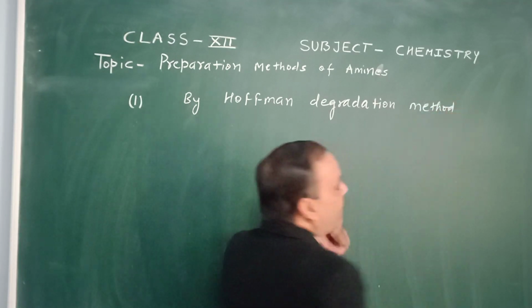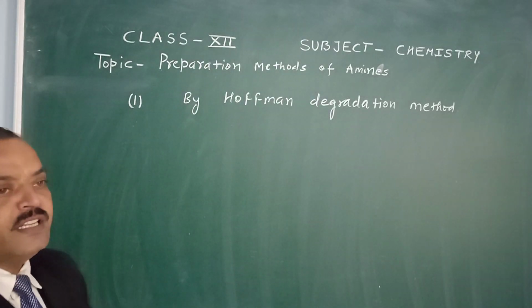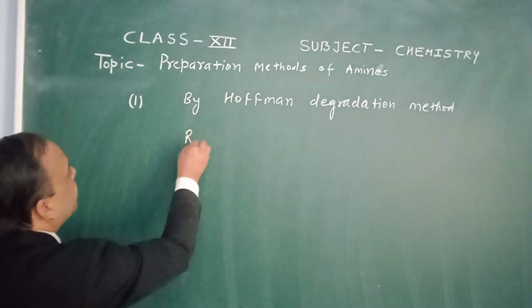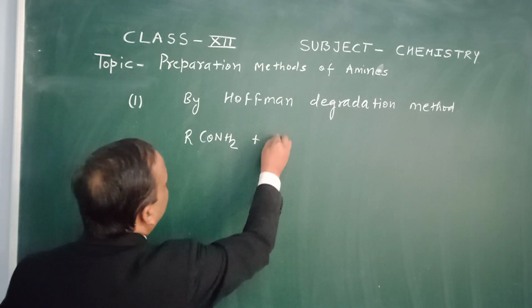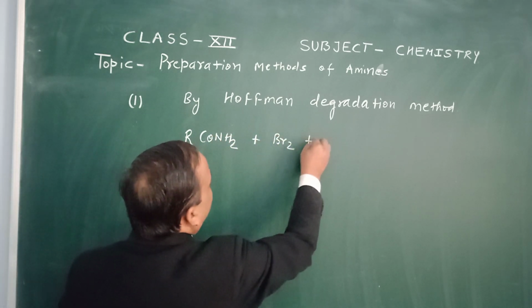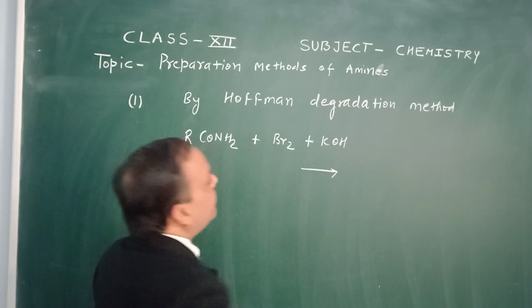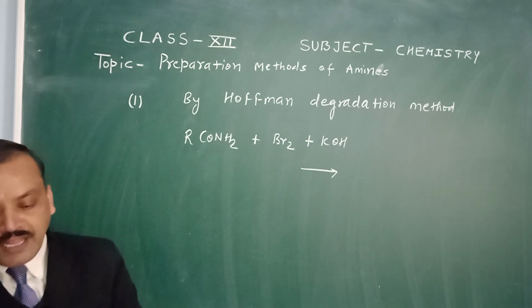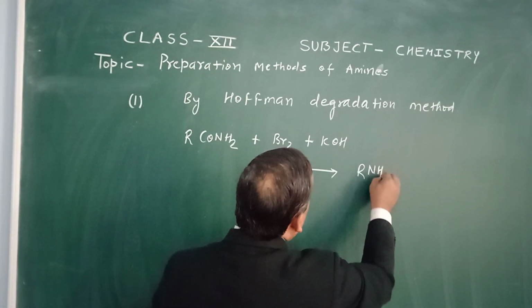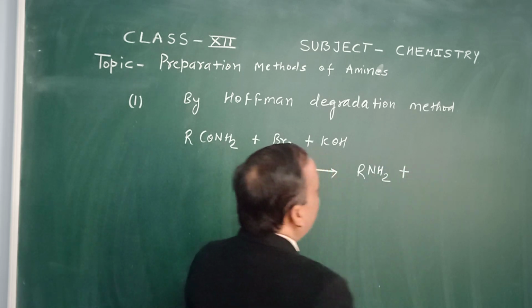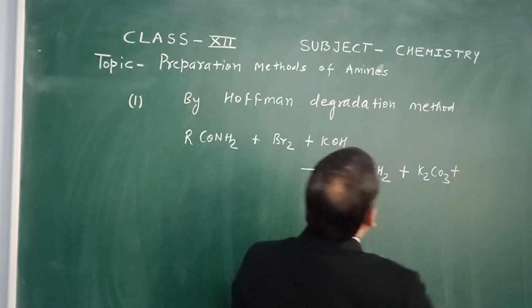In this method, we use amides. Using these amides, CONH2 plus Br2 plus KOH, this amide will convert into the amine, along with K2CO3.